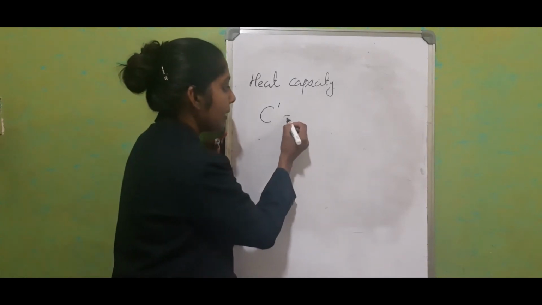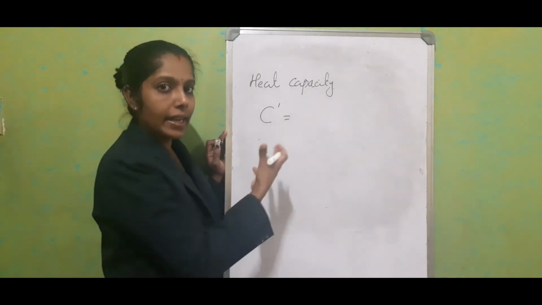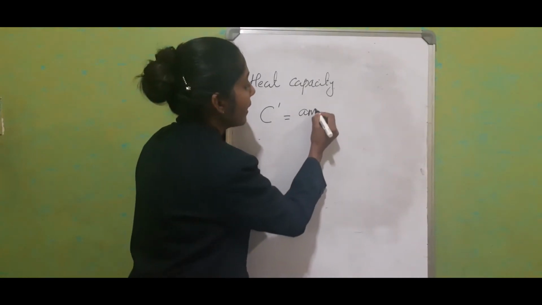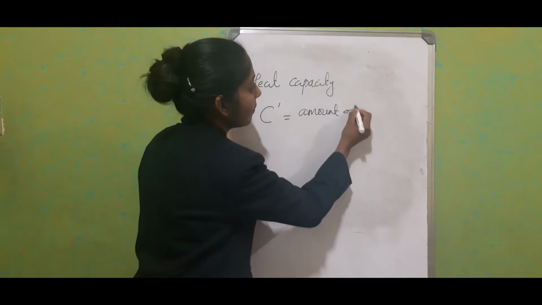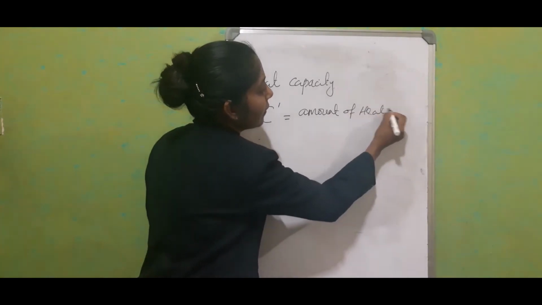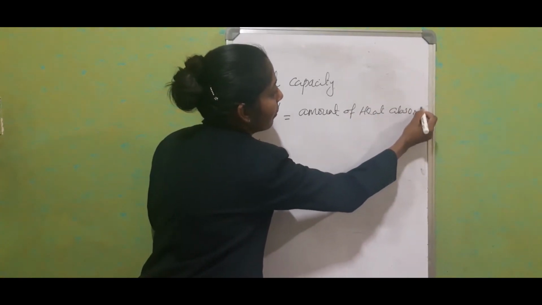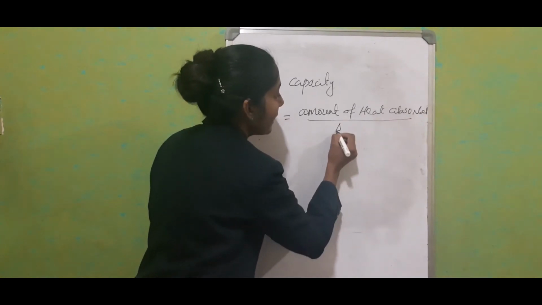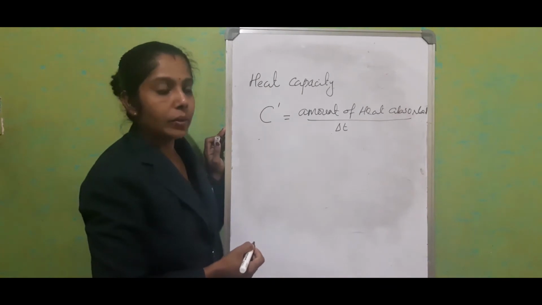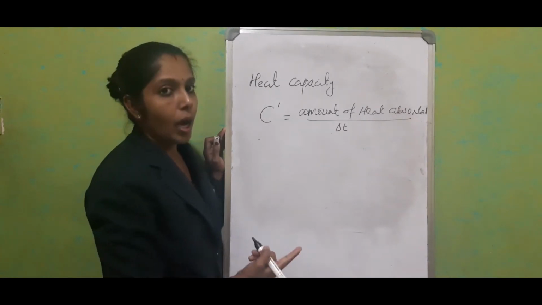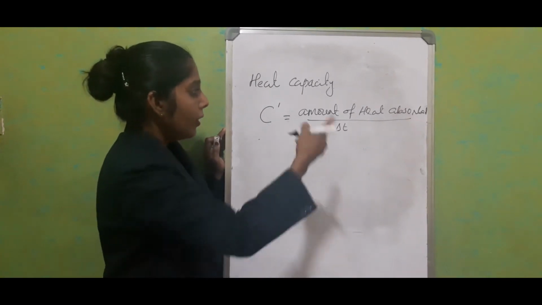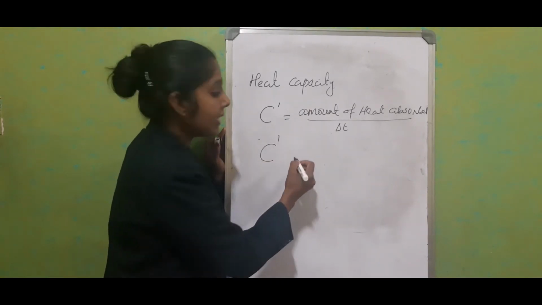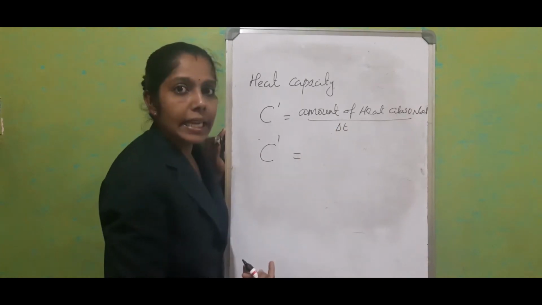In terms of an equation, we can represent it this way. Heat capacity is the amount of heat energy absorbed divided by the change in temperature. In notation, how can we represent the heat energy?